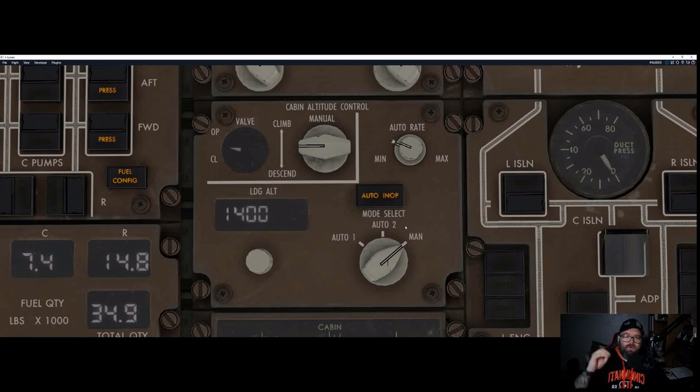Okay, so if we're in auto 1, so if I can bring this back and go to auto 1, if auto 1 were to fail, auto 2 will automatically take over. That's what's supposed to happen, I should say. That is everything working as it should. Auto 1 fails, auto 2 picks up, and it continues to do its job. Vice versa, if auto 2 fails, it would automatically switch to auto 1 if I was on the auto 2 setting like I am here.